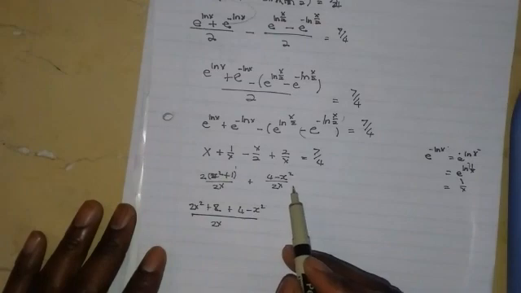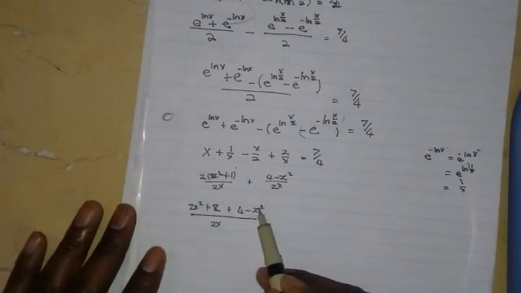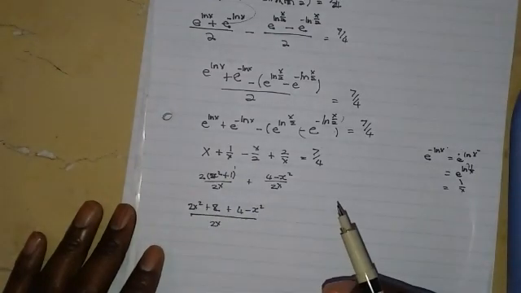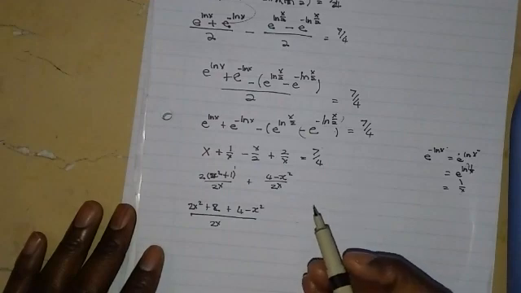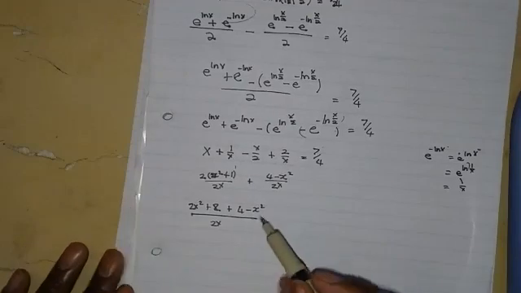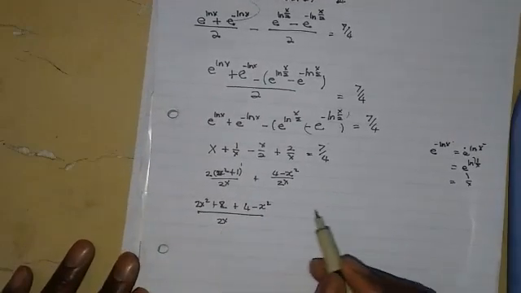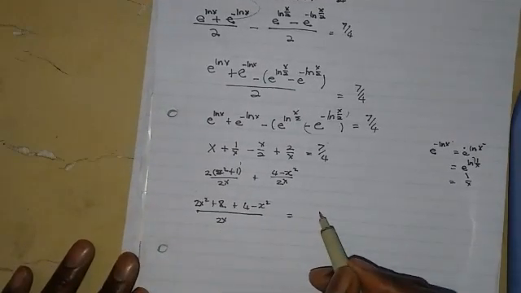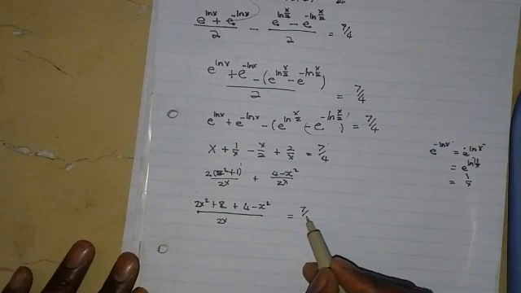Okay, and then from here we see that these two minus each other, and these two add, and the other two add. So this is the solution you will be getting here, equal to 7 over 4.